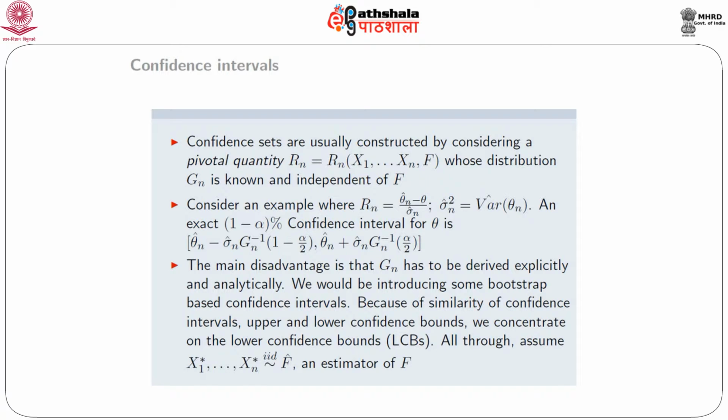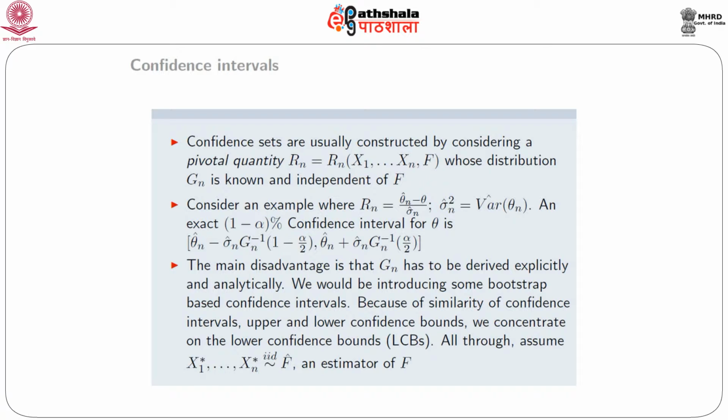So, Rn is based on the samples and F, whose distribution is assumed to be Gn and Gn is independent of F. Example, if Rn is (theta n hat minus theta) by sigma n hat, which is the standard deviation of theta n hat, then the exact 1 minus alpha confidence interval for theta is (theta n hat minus sigma n hat Gn inverse(1 minus alpha by 2), theta n hat minus sigma n hat Gn inverse(alpha by 2)).